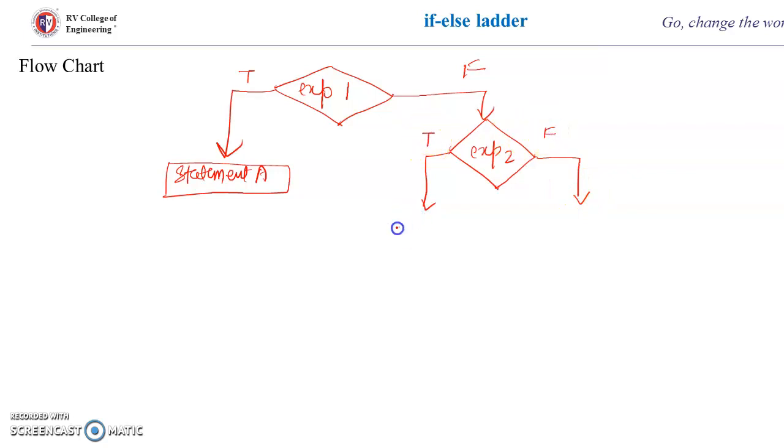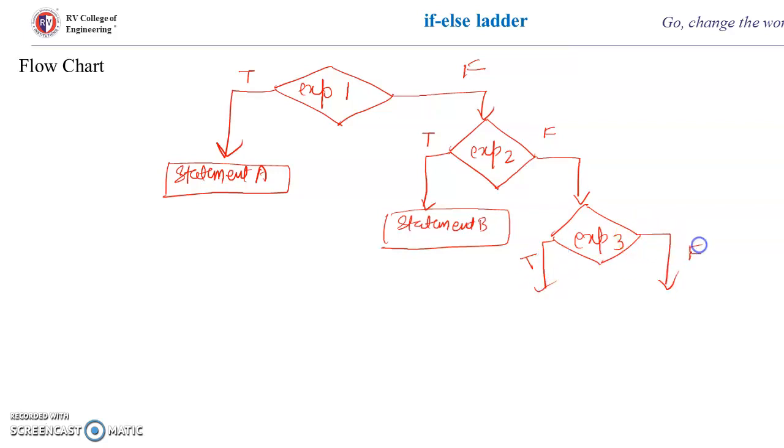If it is true, statement B is executed, and if it is false, we check a third condition, represented by expression 3. Again there will be two branches, true and false. If it is true, statement C is executed, and if it is false, statement D.